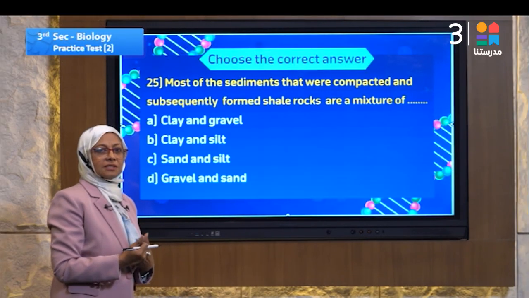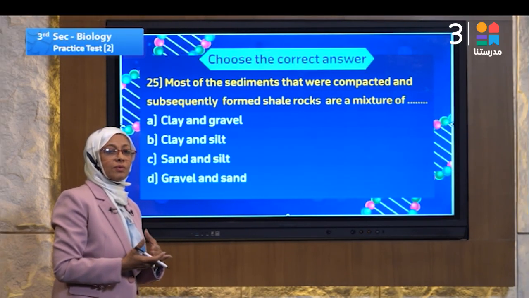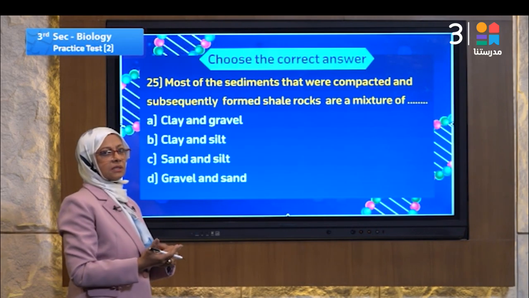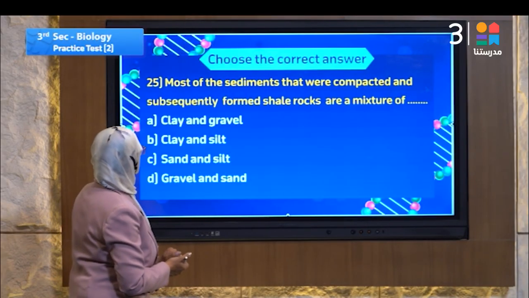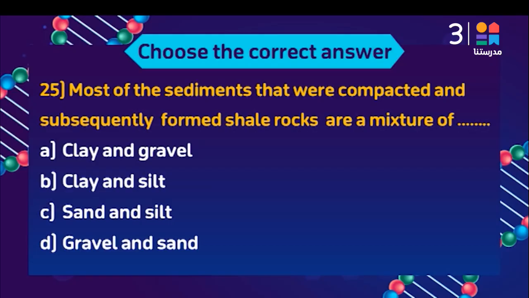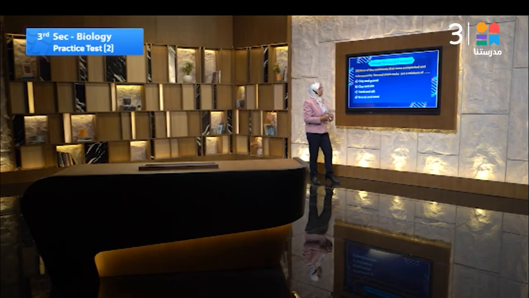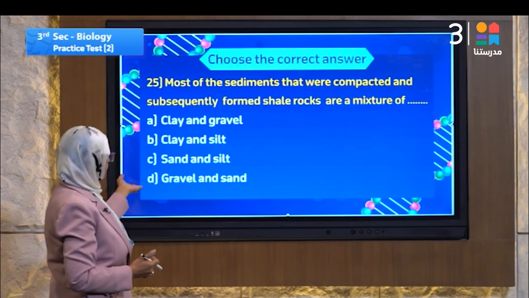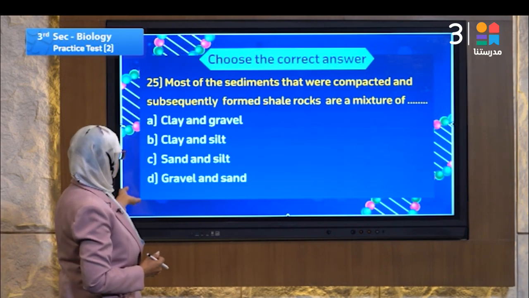Sediments are small rocks breaking down due to weathering, chemical weathering or mechanical weathering. Let's read the question again and find the best choice. Most of the sediments that were compacted and subsequently formed shale rocks are a mixture of: A, clay and gravel; B, clay and silt; C, sand and silt; D, gravel and sand.